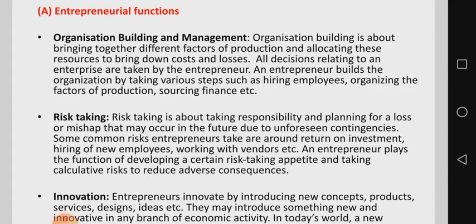For example, during the lockdown, because of the COVID-19 outbreak, many businesses have lost their profits, and they are into an enormous amount of debt. Many employees have lost their jobs, and many companies have had to remove their employees.